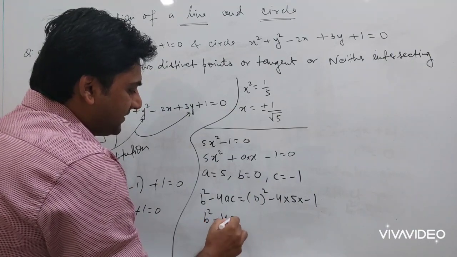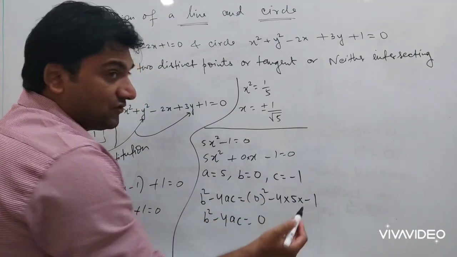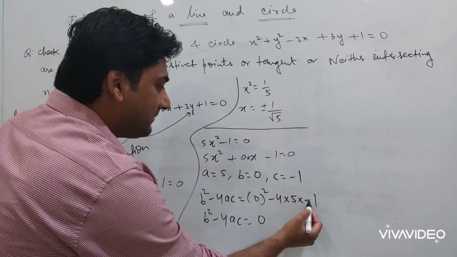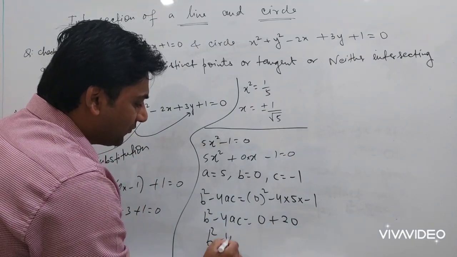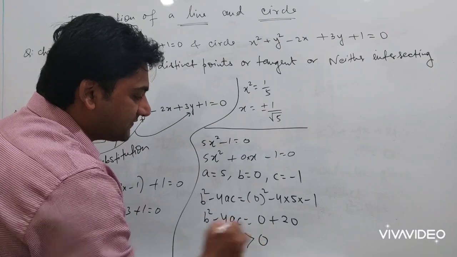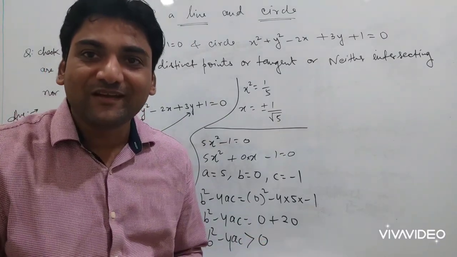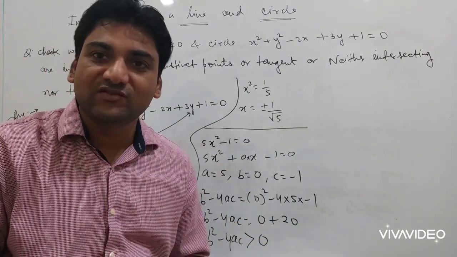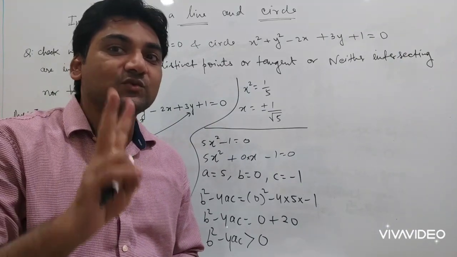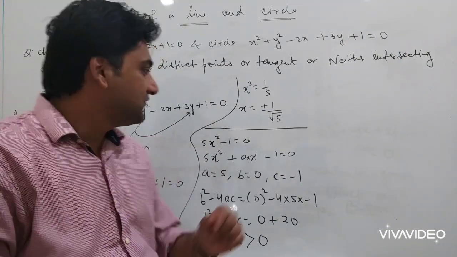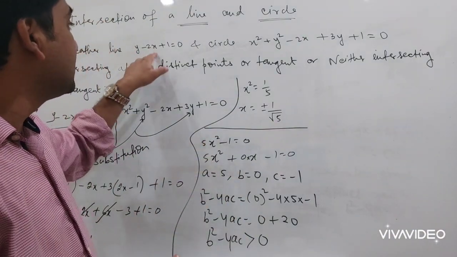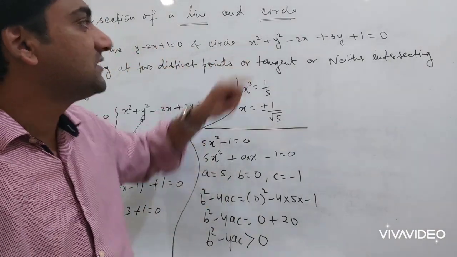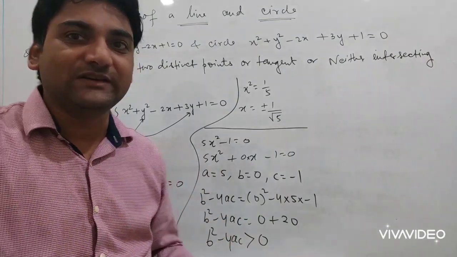So guys, I got b square minus 4ac: 0 square is 0 and minus times minus is plus 20, I got. So what I have proved? I have proved b square minus 4ac is greater than 0. And when b square minus 4ac is greater than 0, then you will have two distinct roots, which we already found here. Okay, it means the line and the circle will intersect at two distinct points.